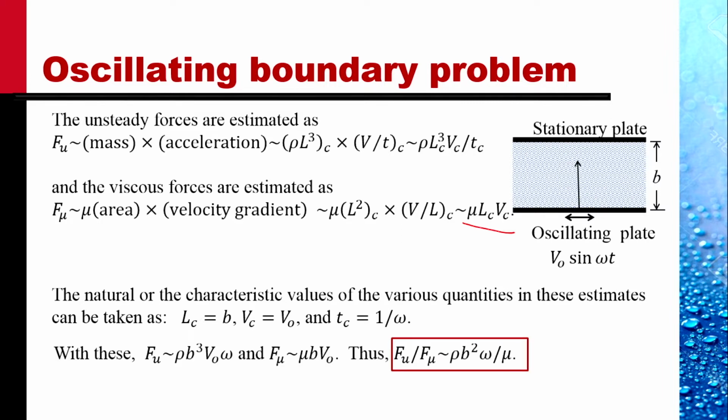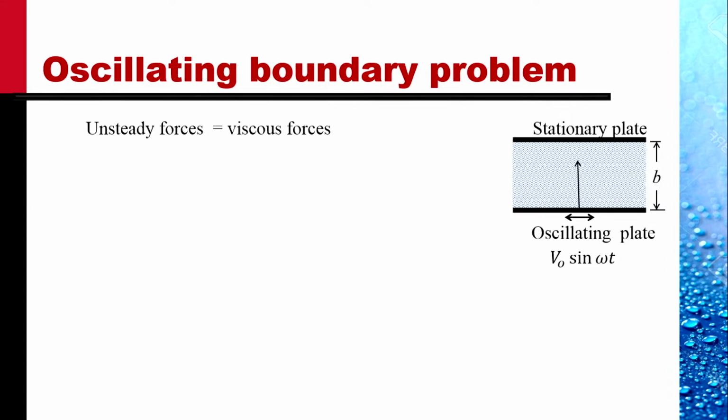With these, the unsteady forces become rho b cubed v naught omega, and the estimate of the viscous forces is mu b v naught. Thus, the ratio of the unsteady to viscous forces is given by rho b square omega divided by mu. Now, at equilibrium, the unsteady forces must balance the viscous forces.